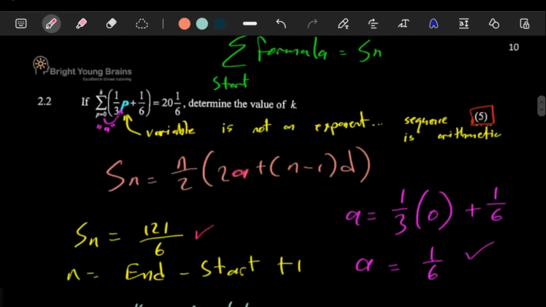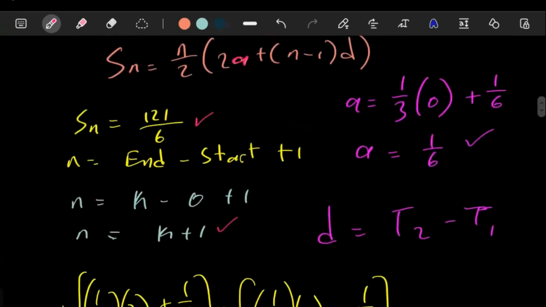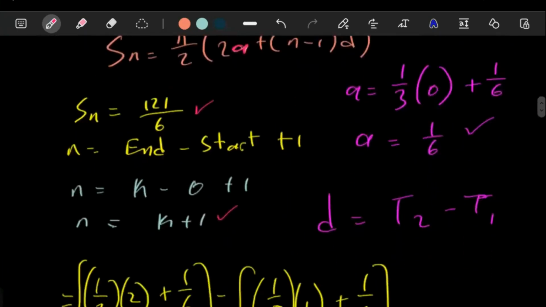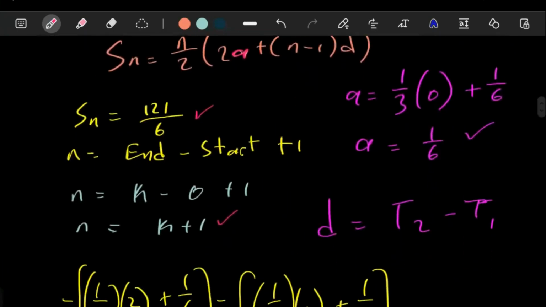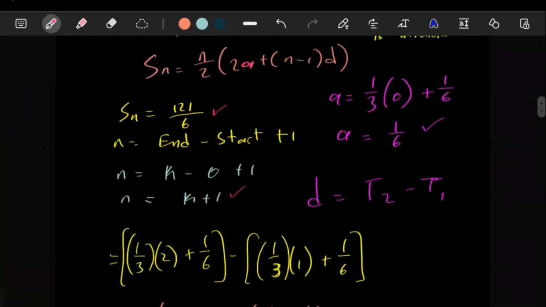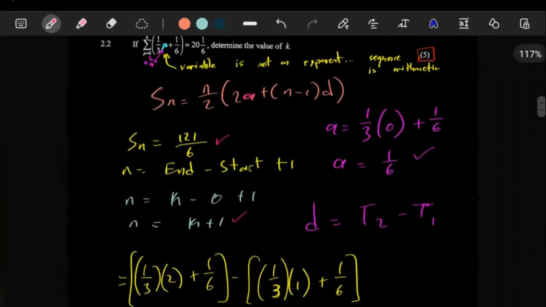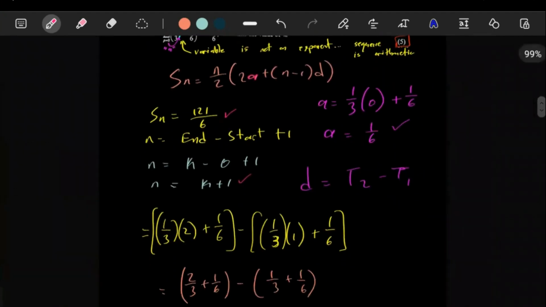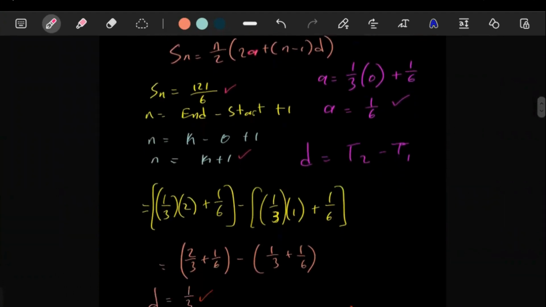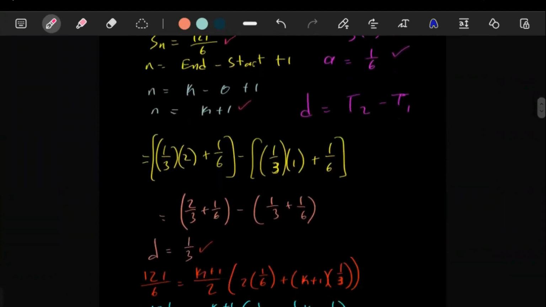And then our value of d, t2 minus t1. We put 2 where p is and then 1 where p is. In the calculator we got 1/3. Let's try that in the calculator again.